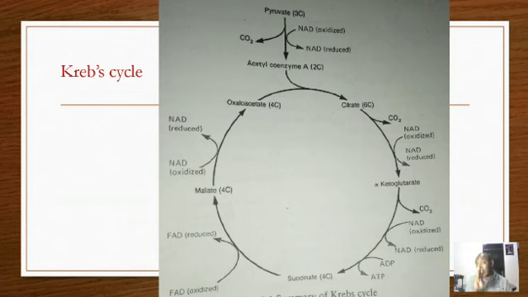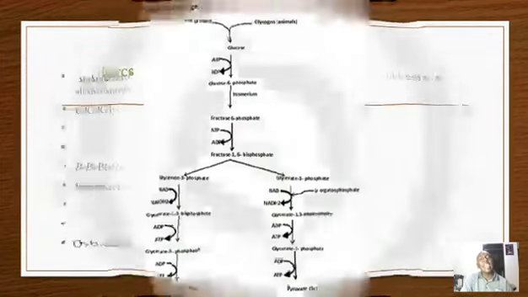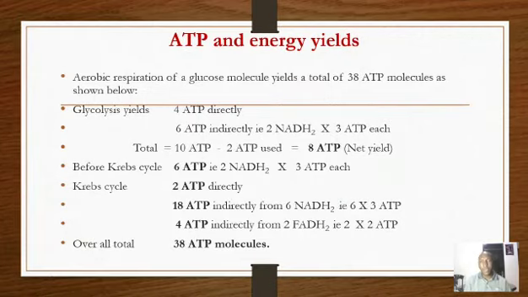But because there are 2 pyruvates, we multiply each by 2. Therefore, 3 times 2 giving us a total of 6 NADH2. But because each NADH2 liberates 3 ATP molecules, that is 6 NADH2 times 3, giving a total of 18 ATP molecules liberated indirectly from each NADH2 in the Krebs cycle.